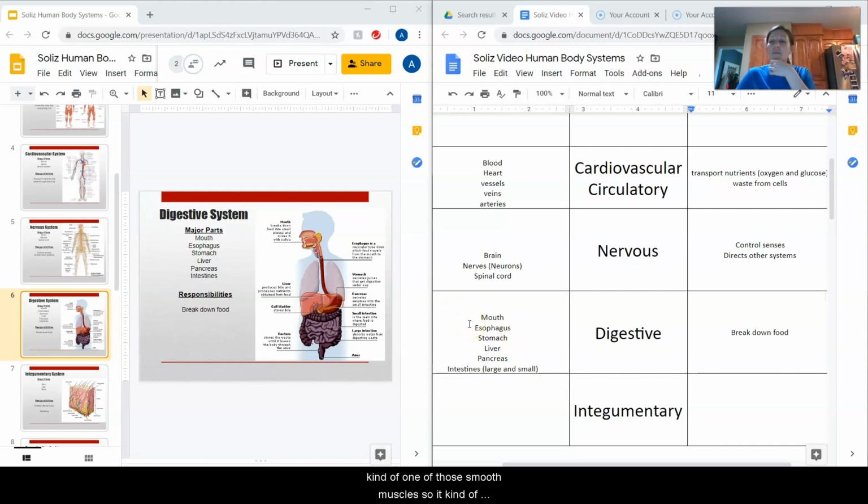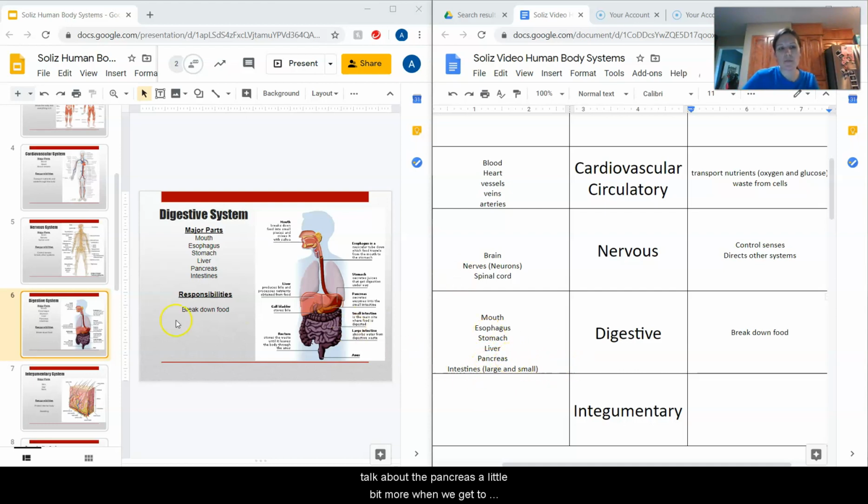The esophagus is one of those smooth muscles, so it squeezes your food all the way down till it gets to your stomach, and then your stomach has tons of enzymes and acid that's going to break down the food even further. And then it's going to go into small intestines and large intestines, and the liver and pancreas both have jobs as well in the digestive system.